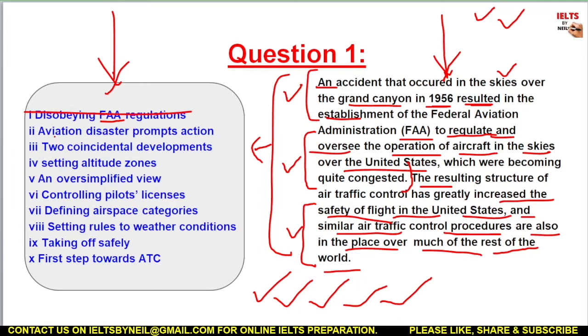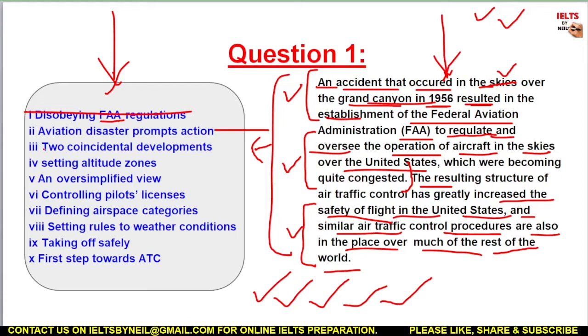Aviation means something related to planes or the sky, disaster means some accident, prompts means quick, and action means quick action was taken. An accident occurred in the skies and the FAA was made, so we can relate it to this. I'm not saying this is the exact answer, but let's put this aside and shortlist this one.